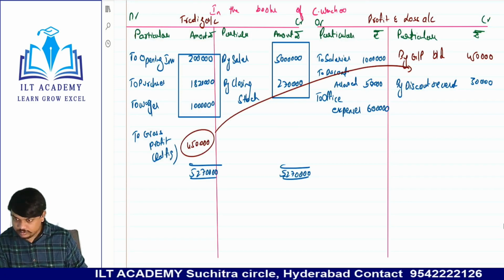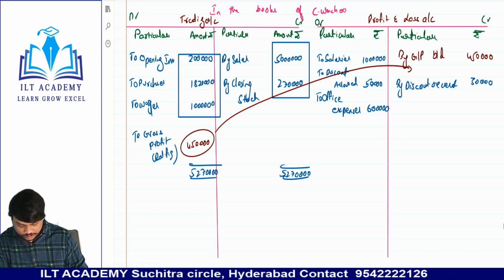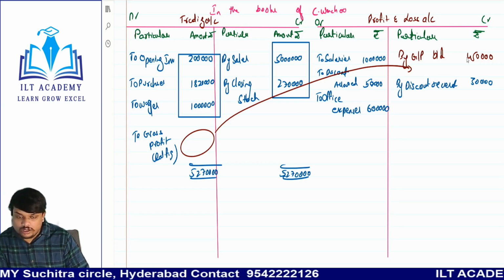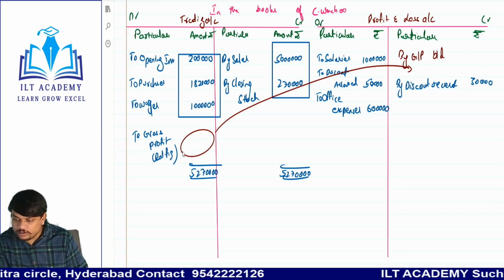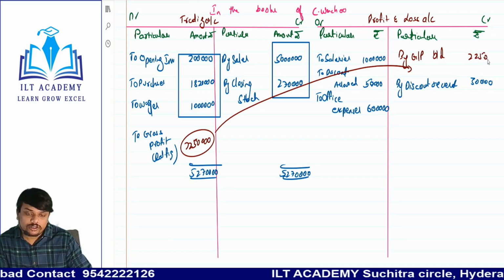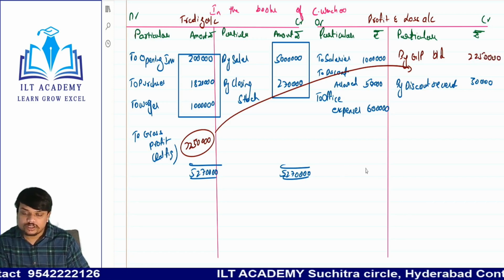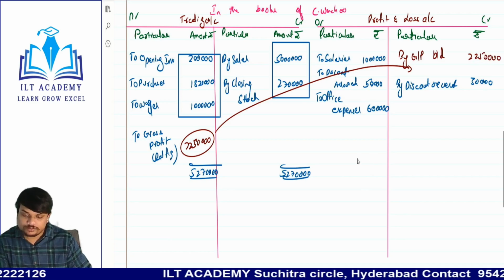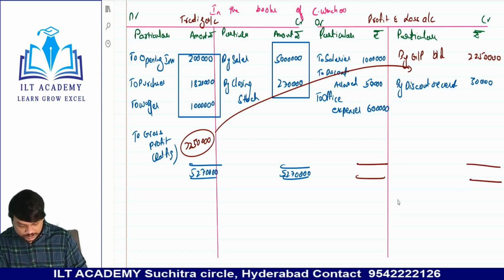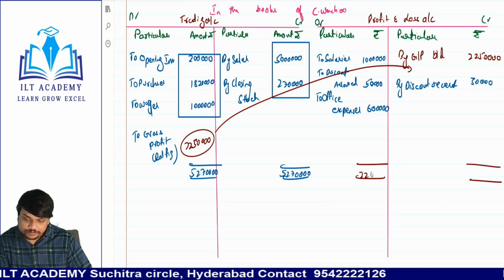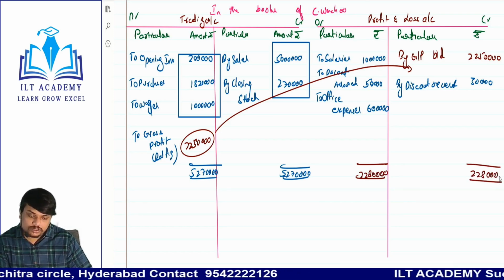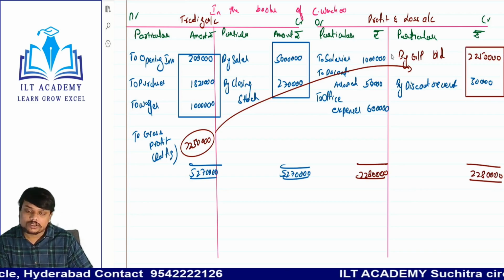This is 22 lakh 50,000. Now in the same way we are going to total this. 2 lakh 50,000 plus 30,000, which is 22 lakh 80,000. From this, you need to remove this.